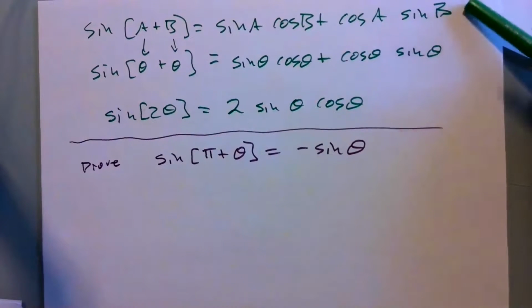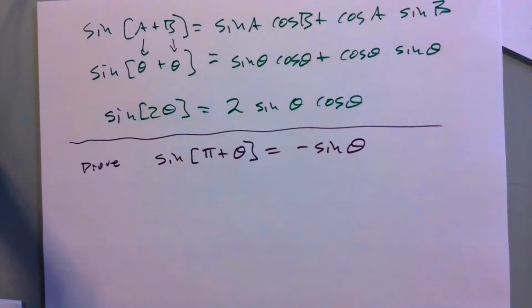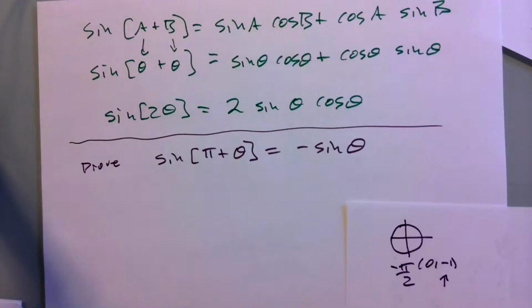This is the identity you want to use. Don't forget your unit circle. See if you can get there.